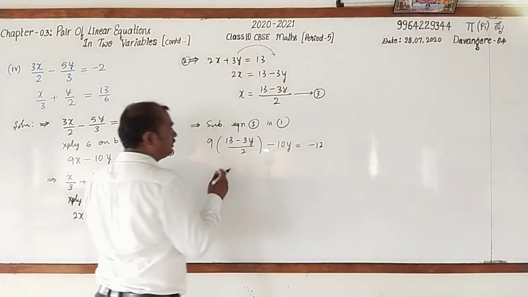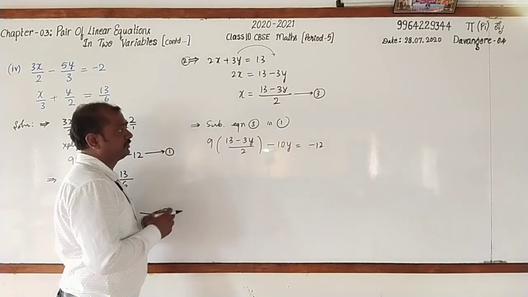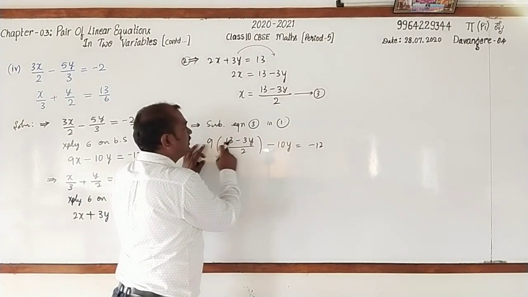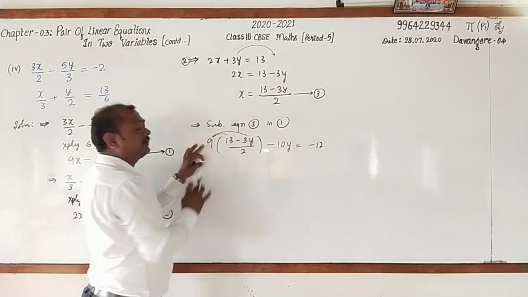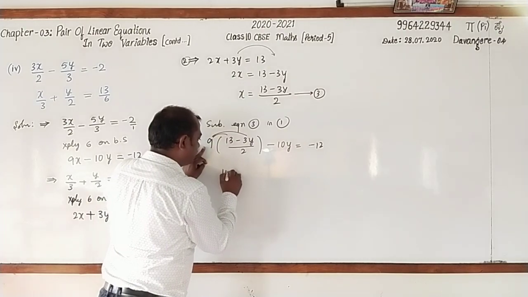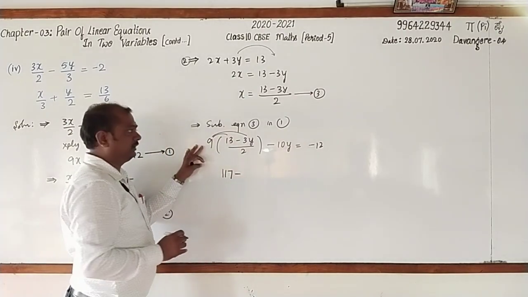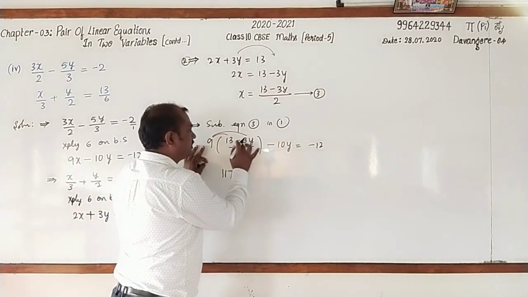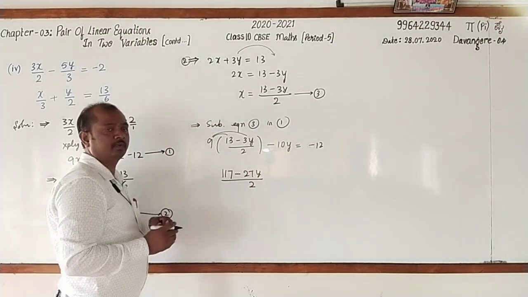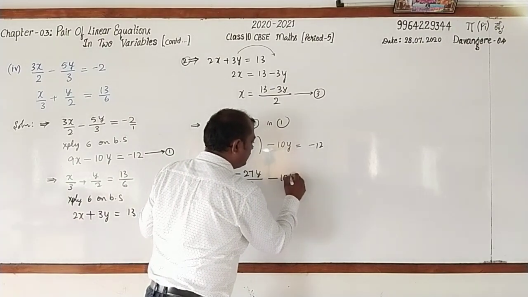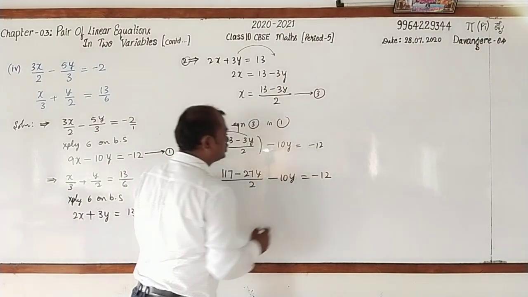Next, how do you go for solving this? First, you may multiply 9 with these two terms. See, 13 9s are 117, minus 9 3s are 27y by 2, minus 10y equal to minus 12.